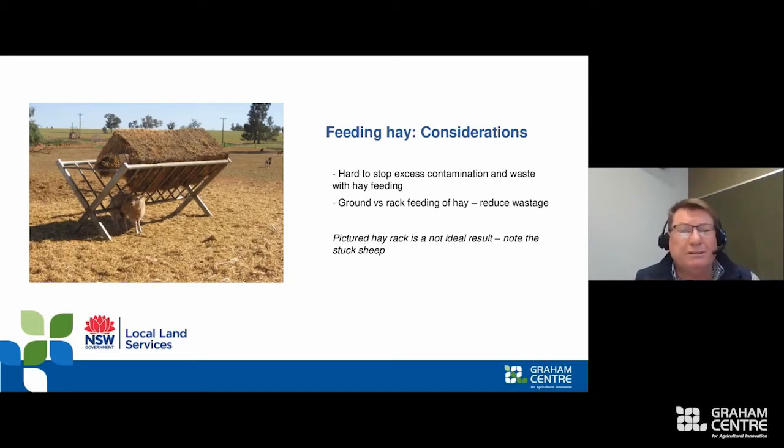Unfortunately, we're not suggesting this is the ideal situation, where you're going to see the poor ewe here that's stuck in the feeder. So I think using the correct hay rack is the appropriate choice, and maybe not using a cattle rack for a sheep confinement feeding area.